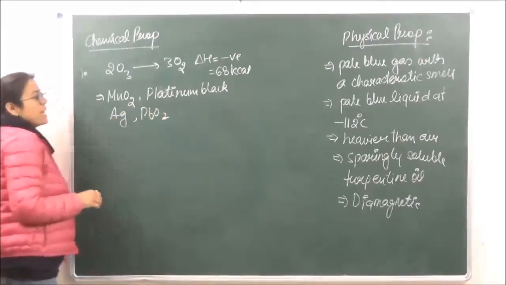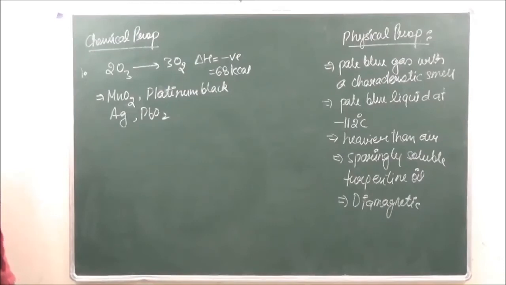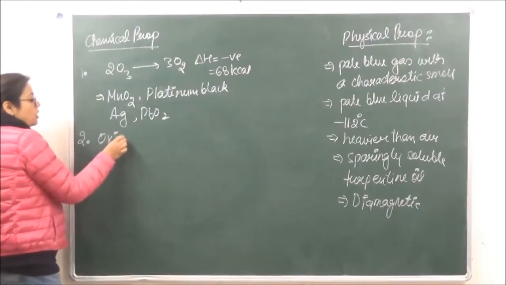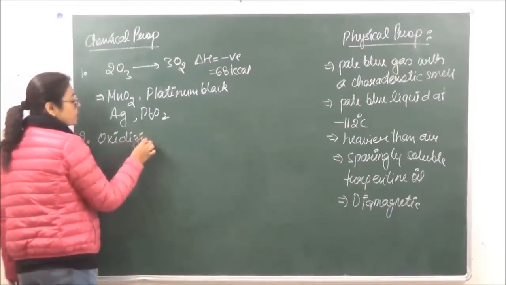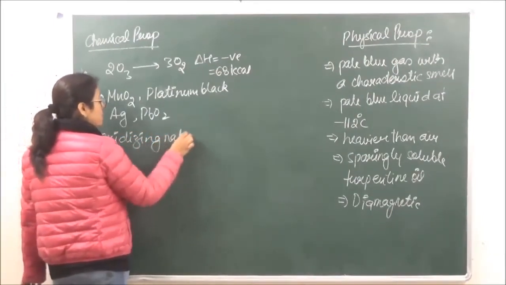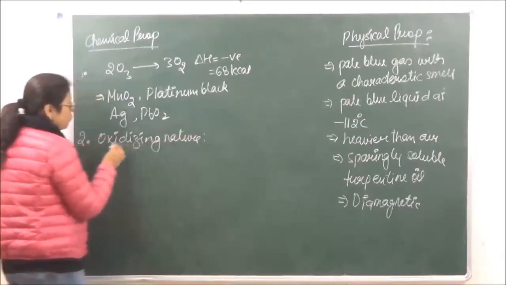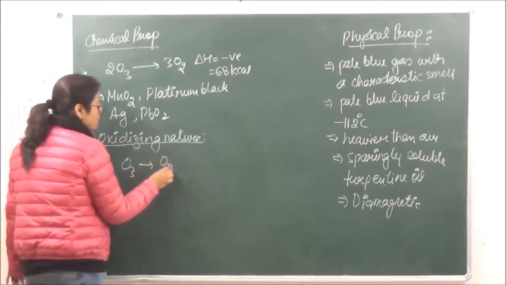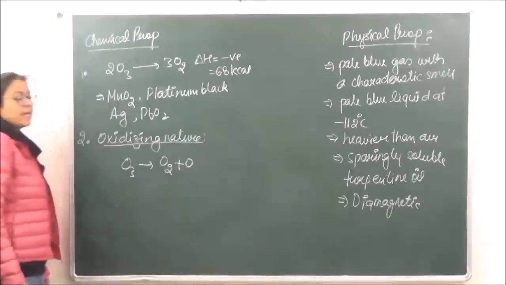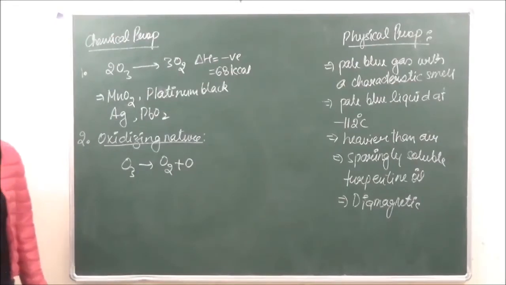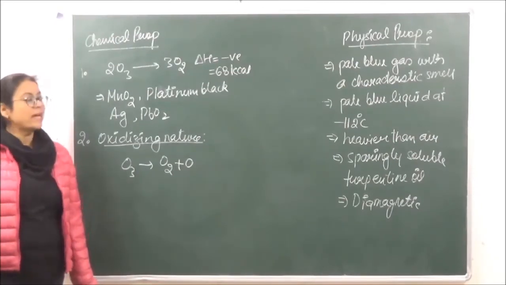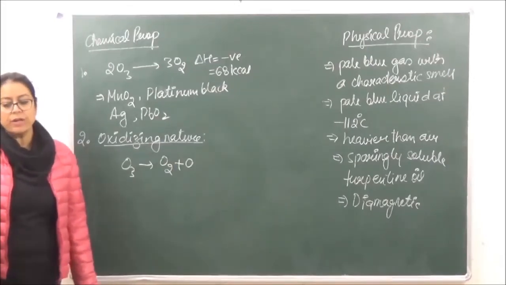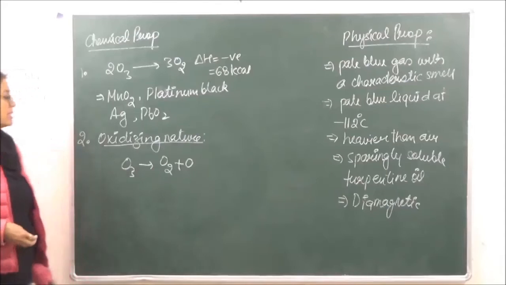They may be used as catalysts for the above reaction. Then number two, it has oxidizing nature. This oxidizing nature of ozone is due to its decomposition into oxygen and nascent oxygen. So it is because of this nascent oxygen that it behaves as an oxidizing agent.